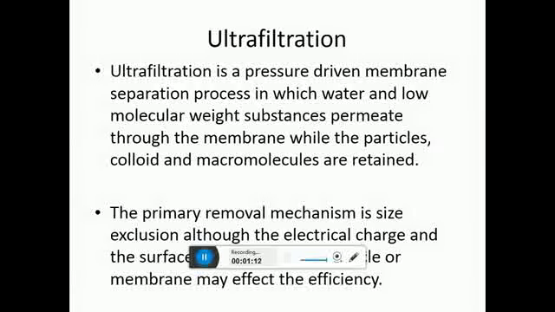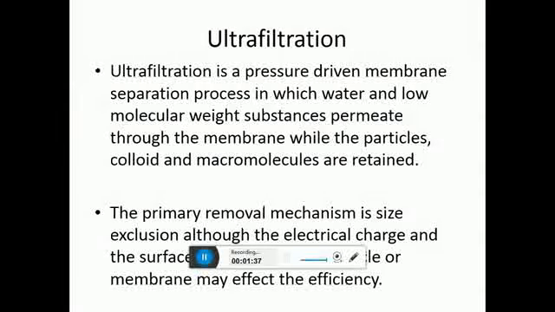Unlike the microfiltration membrane, where the membranes are symmetrical pore shaped, in ultrafiltration these are anisotropic membranes, sometimes having a skin layer on them. But the skin layer is not a non-porous skin layer. In ultrafiltration, the skin layer is also porous.